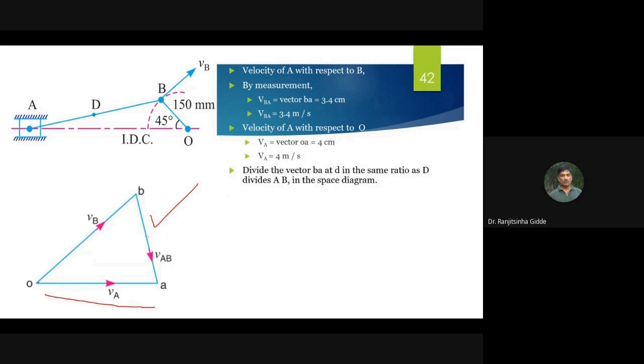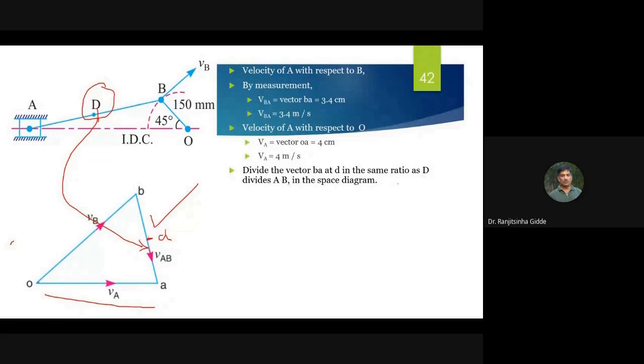Then we need to locate this point D in the velocity diagram. It is the midpoint, so we can get point D as the midpoint of vector BA, as D is the midpoint of the connecting rod. Already it is given. So divide vector BA at D in the same ratio as D divides AB in the space diagram.